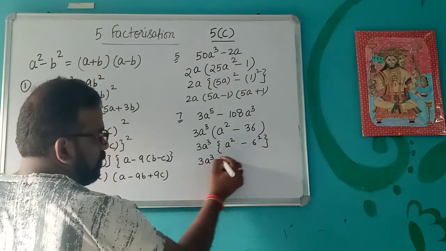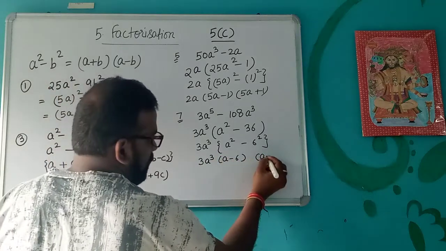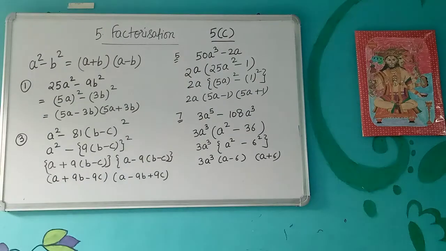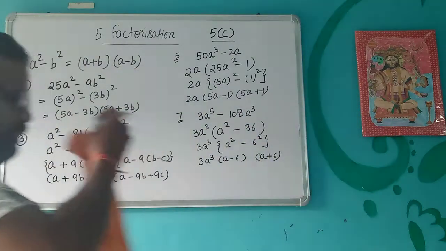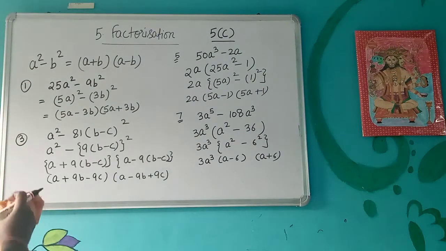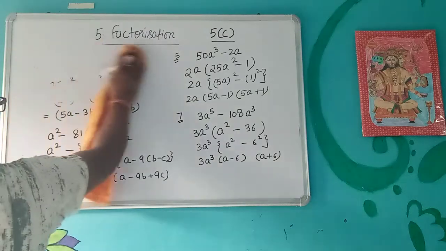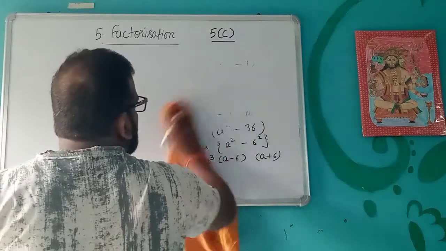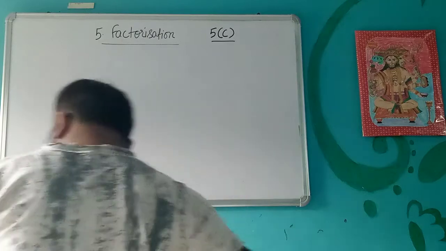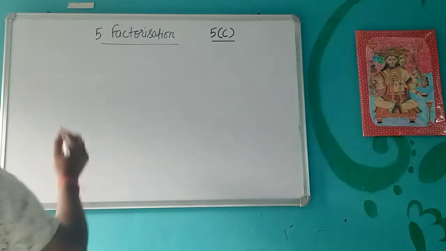Like this: 3a cube, a minus 6, a plus 6. Then let's see one more question.